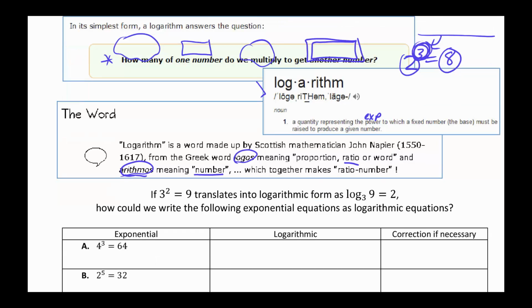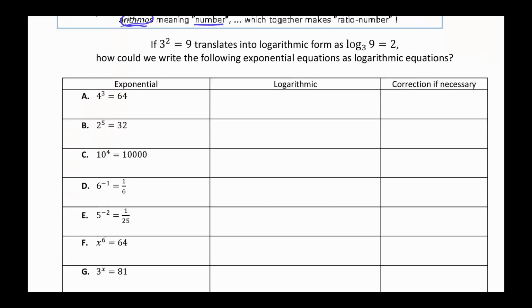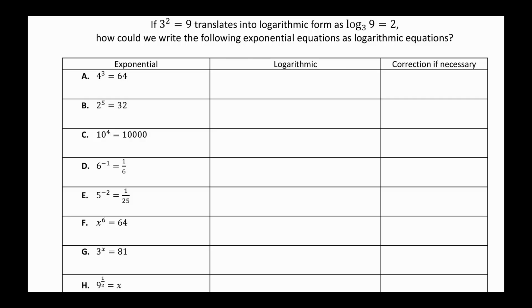So let's go ahead and look at some practice problems. We're going to have you guys actually try to do this on your own and try to discover a little bit about how to go back and forth, how to translate from logarithms to exponentials, just like how you would translate from Spanish to English. If 3 to the second power equals 9, obviously that's something we all know is true, we can translate that into log form.